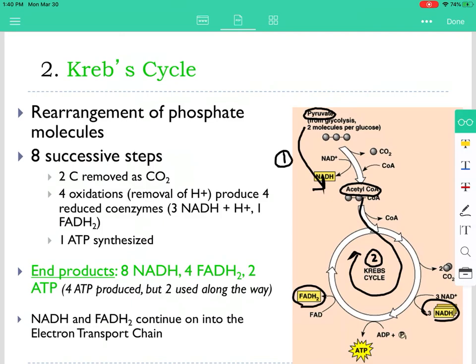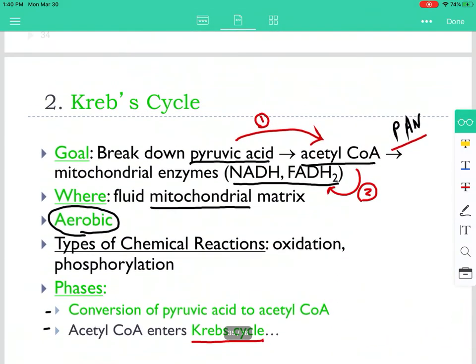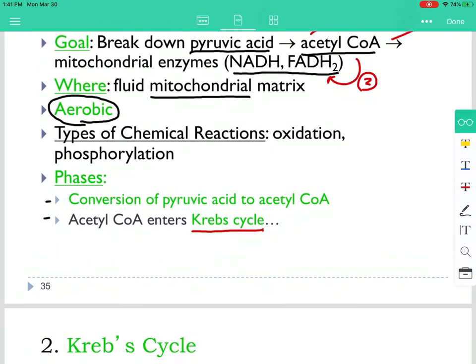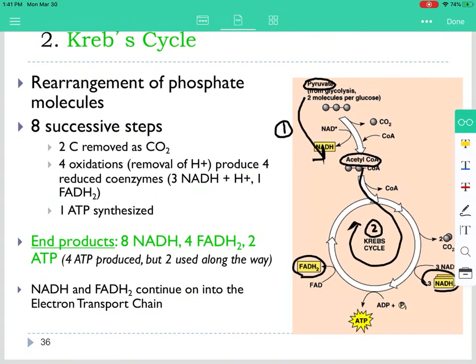The first phase was converting pyruvic acid into acetyl coenzyme A. Right? The first phase was converting pyruvate into acetyl coenzyme A. The second phase was converting acetyl coenzyme A into NADH and FADH.